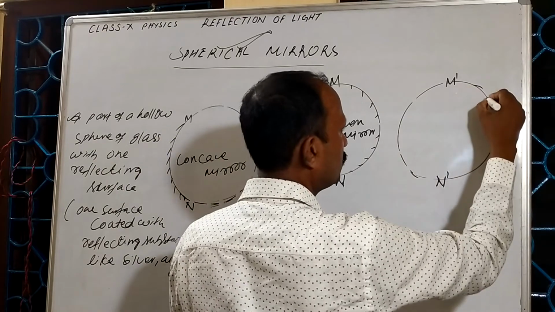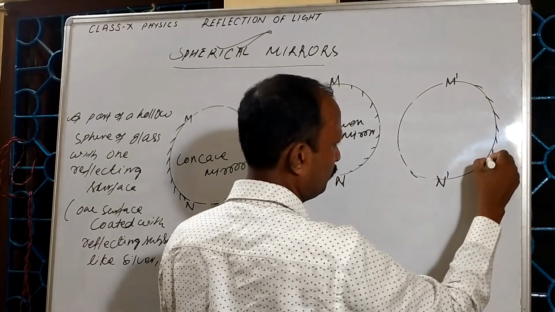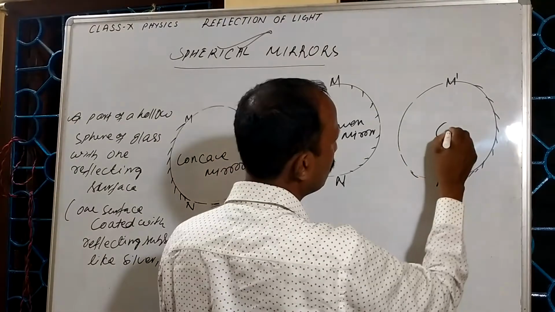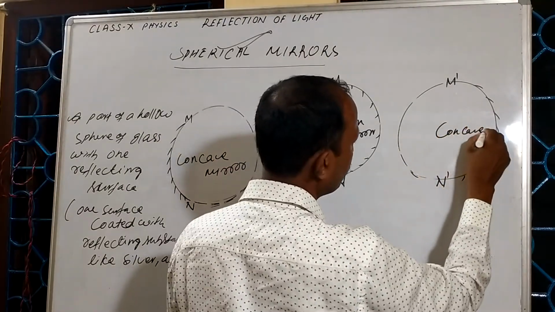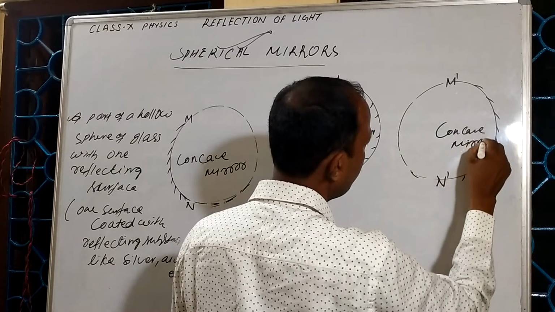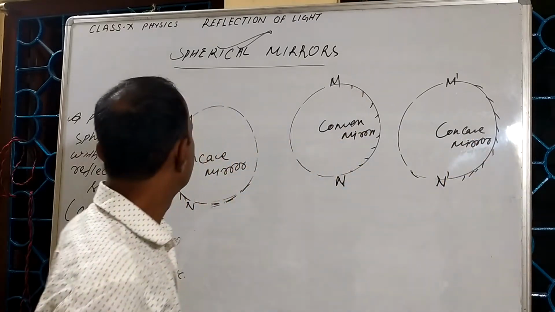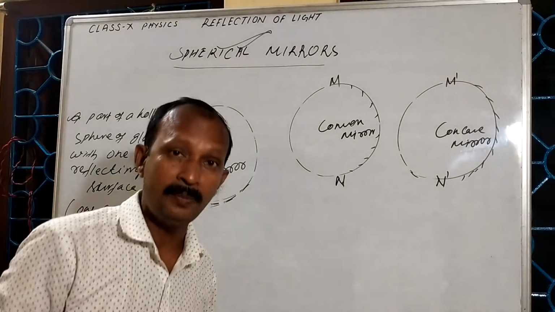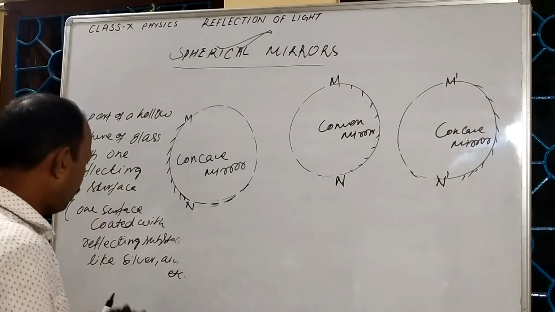Suppose this outer surface, the bulge-out surface, is painted with silver. So this is a concave mirror. That means the spherical mirrors are of two types: one is the concave mirror, one is the convex mirror.